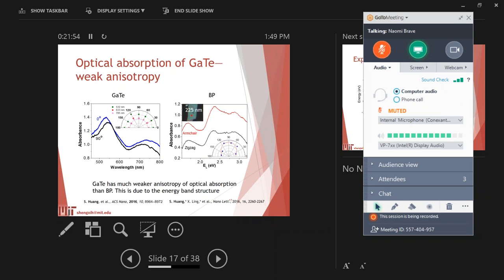But the optical absorption anisotropy is opposite to their structural symmetry. So from this, we know that we cannot just predict the optical anisotropy according to its structure, and this actually depends on their energy band structure.